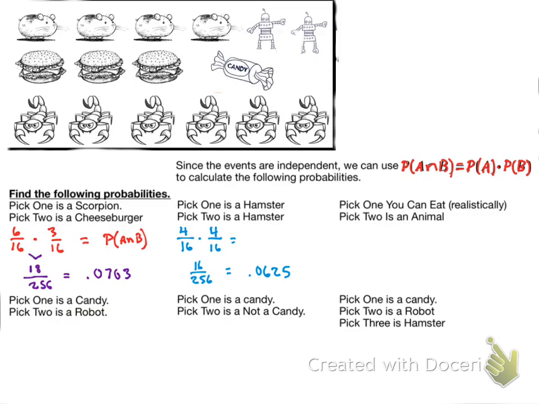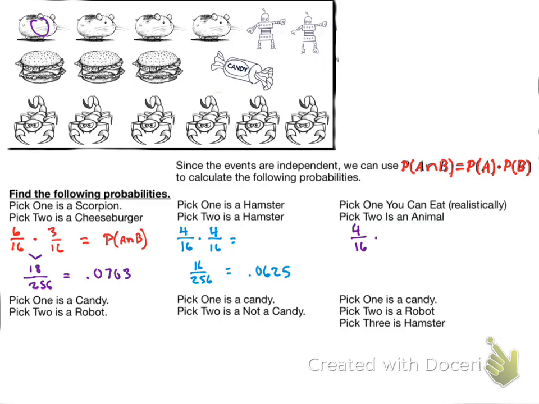Okay. Pick 1 is something that you can eat. Realistically, you can't eat a hamster, a robot, or a scorpion. The stuff that we can eat are in the middle: cheeseburger, cheeseburger, cheeseburger, candy. That's 4. So 4 out of 16 times pick 2 is an animal.